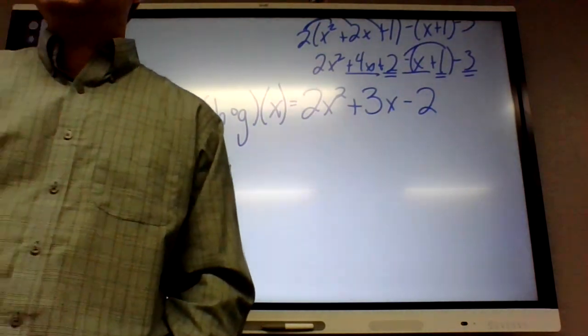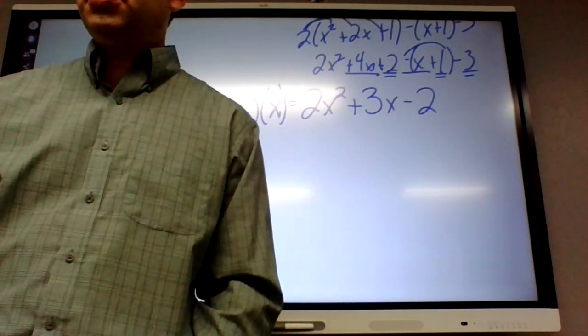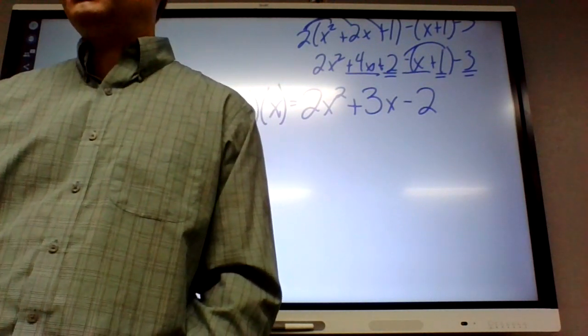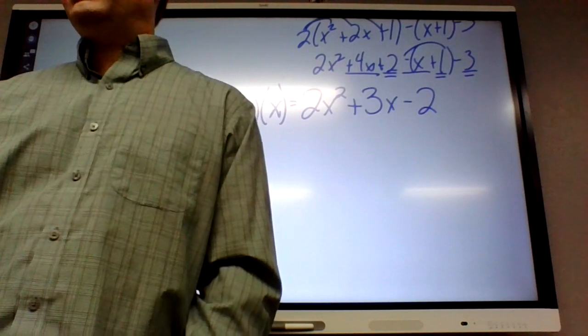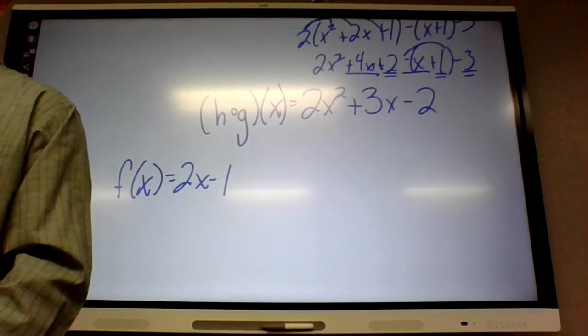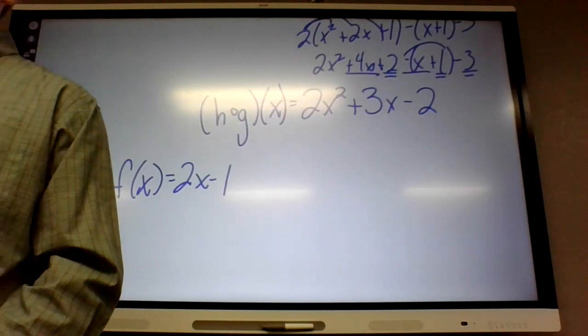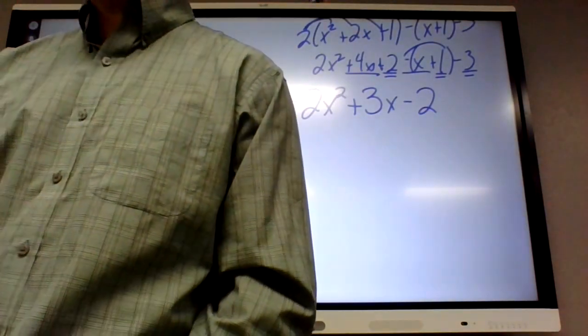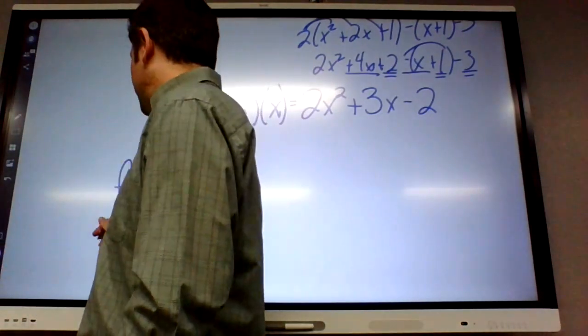You've got to look at the directions. When you plug 1 into the g function, you get 2. So now we're going to take that 2 and plug it into the f function. The f function with 2 gives you a 3. You plug in 2 and 3 comes out. So the final answer is 3.